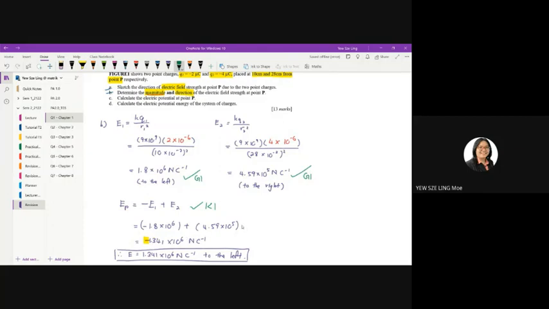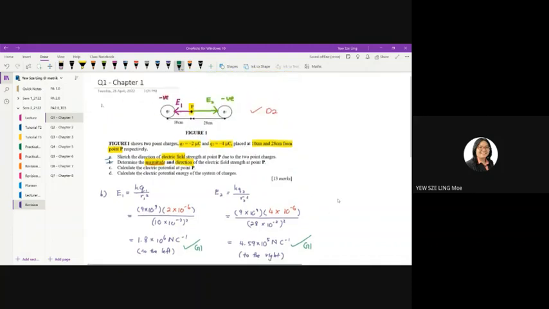Then substitute with the correct value, G1. Final answer without negative sign, JU1. With the condition that the unit must be correct. To the left direction, J1. So altogether, this question is worth 6 marks, from calculating the magnitude until you get the direction.